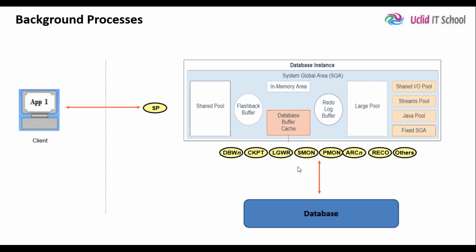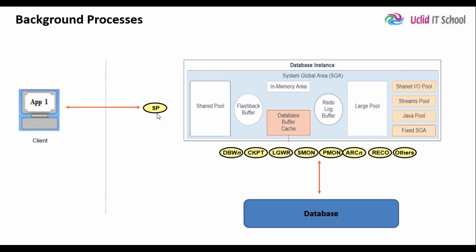And apart from background processes, Oracle also allocates a server process. You can see SP here. SP is your server process. When a client connects to the database, Oracle database allocates a server process. The server process serves all the requests submitted by the client.